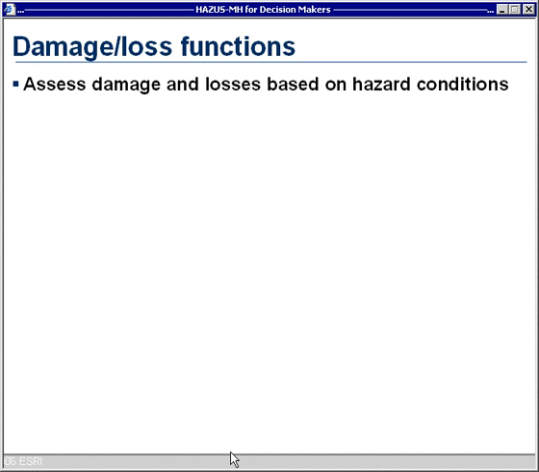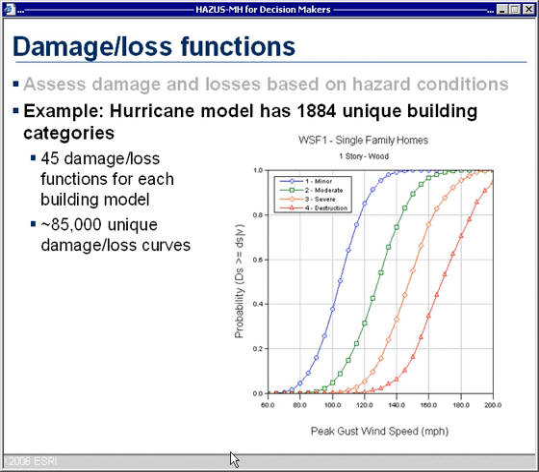HAZUS functions, as we said earlier, based upon scientifically defensible approaches. It does this with the use of damage and loss functions. Those functions allow us to determine what's going to happen if a disaster takes place based upon the type of exposure we have in our area. An example of functions that calculate losses and damage would be found in the hurricane model.